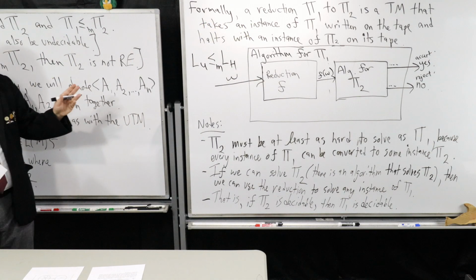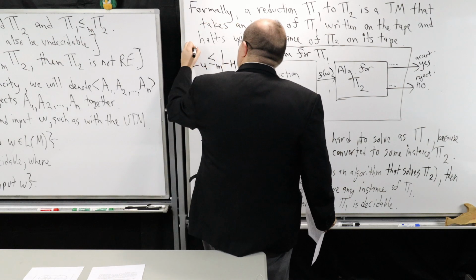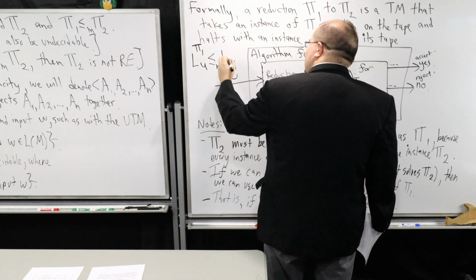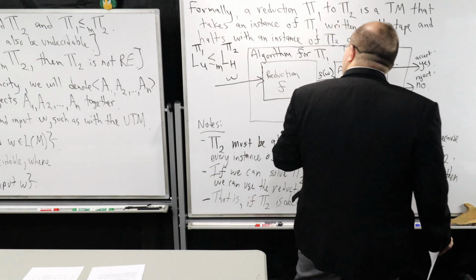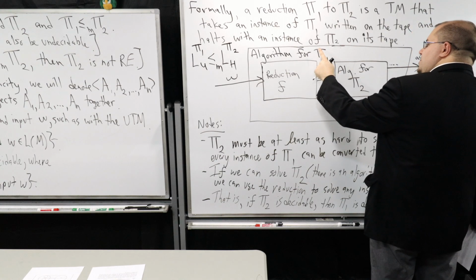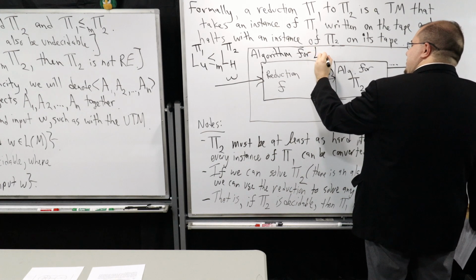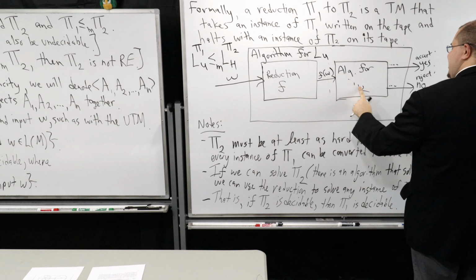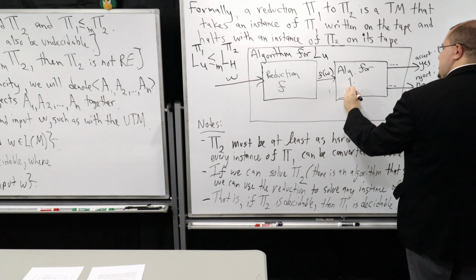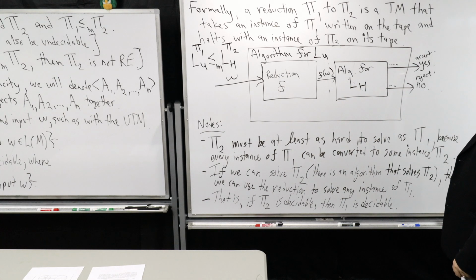So if you look back at my picture over here, pi 1 is LU, the universal language, and pi 2 is our halting problem. Everywhere you see pi 1, you simply put the universal language. Wherever you see pi 2, we're going to put our halting problem here.